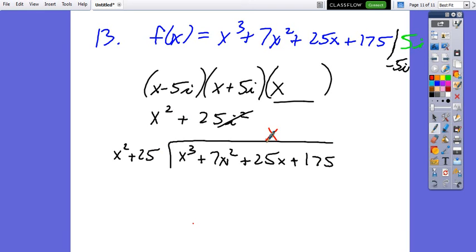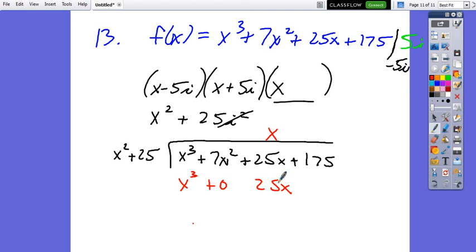So x times x squared is what? x cubed. There's no x squared to give me an x squared. So what would I put under this? A 0. All right? And then x times 25 is? 25x.